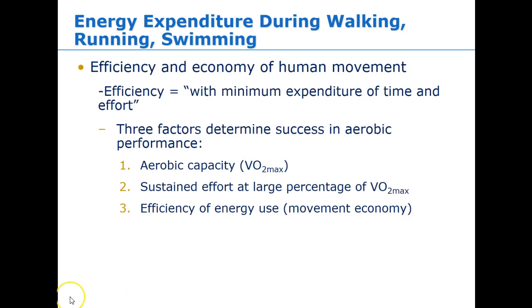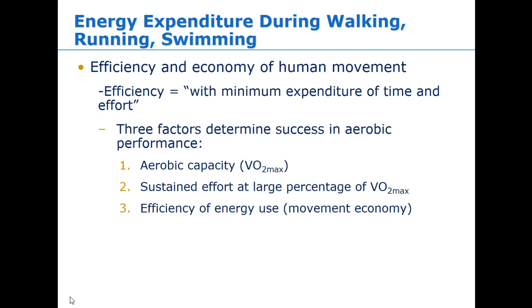All right, so the next part is going to be talking about energy expenditure according to modality. So we're comparing walking versus running versus swimming. A couple of things that affect what you burn during the different modalities have to do with the efficiency and the economy of human movement. Efficiency is the minimum expenditure of time and effort, and three factors determine success in aerobic performance.